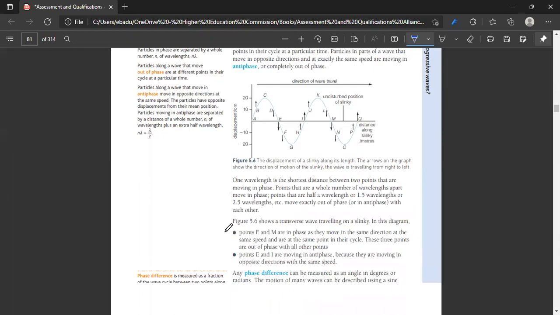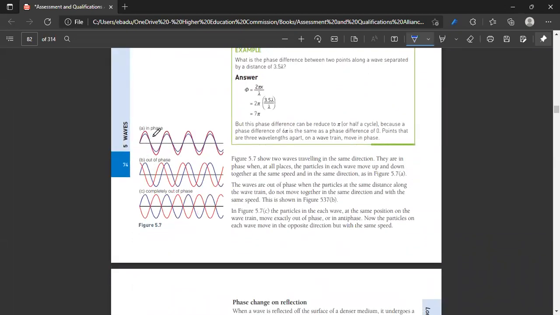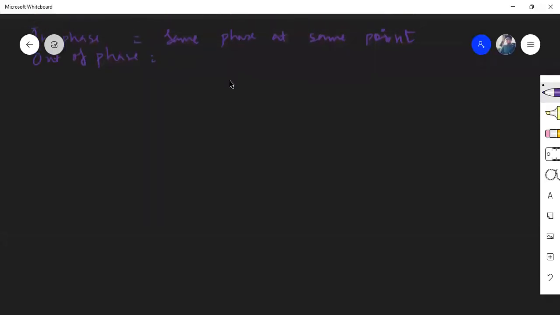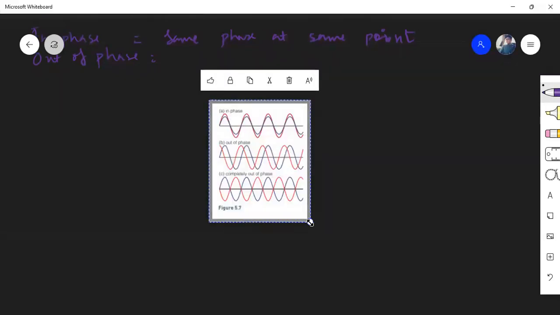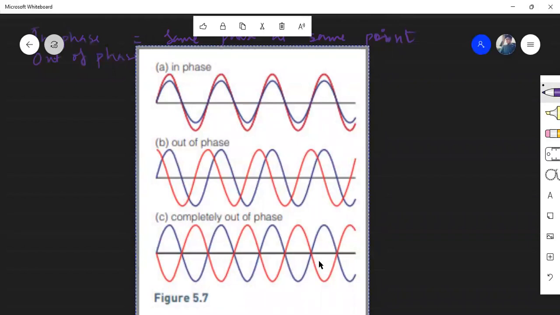Okay. I'm just trying to see your book, and then I'll try to alter it myself. So yeah, like this. Here you see, let me just copy this to the whiteboard. Here you see a red wave and a blue wave.